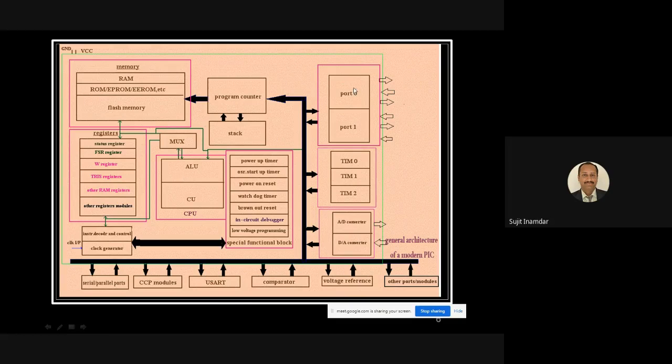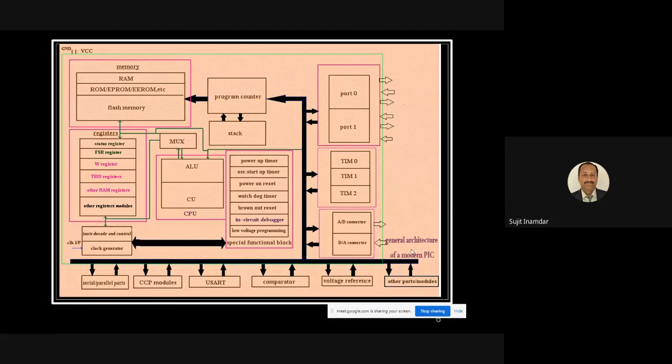With that, which ports are there? Actually here they have shown a D to A converter, but for our PIC, 16F877A, it is not there. I think they have given the general block diagram of a modern PIC, so I have just copied from there.